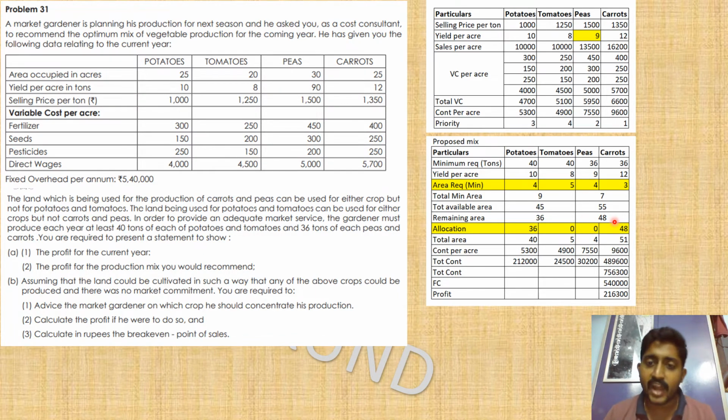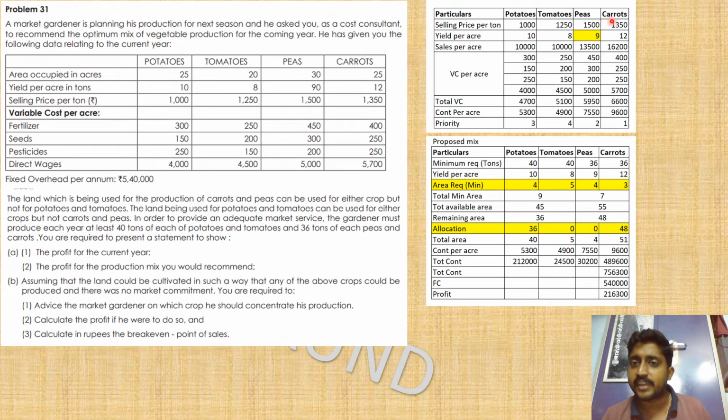Now we have to do the allocation. So how to do the allocation? Here they have not given any maximum limit on production. So out of potato and tomato, which is the more profitable crop? Comparing contribution per acre, potato has the higher contribution, so I am allocating the 36 acres to potato itself.